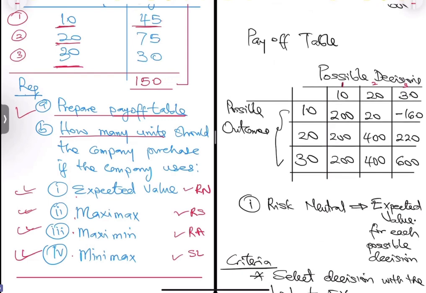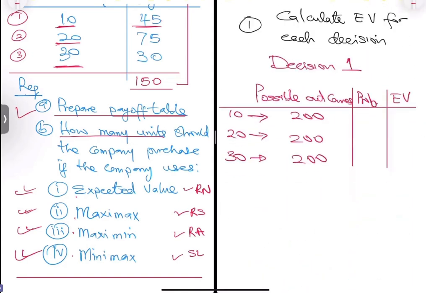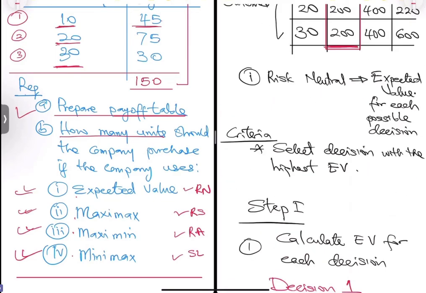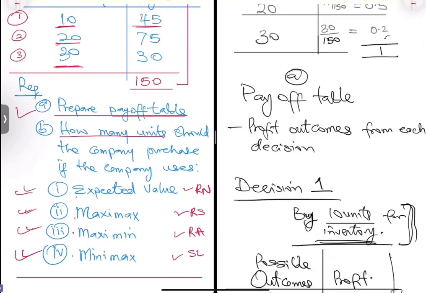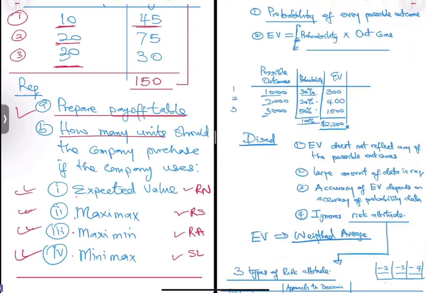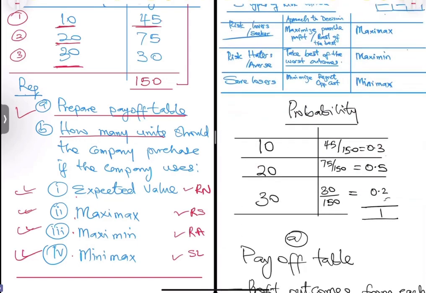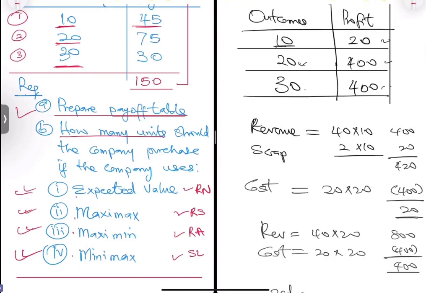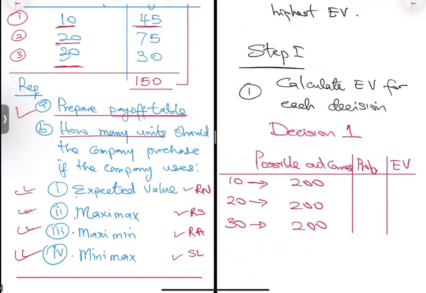If you remember, go to your payoff table, this part. Under those 3 different possible outcomes the figure is the same. And we know the probability: 0.3, 0.5, and 0.2. Everything equals 1, which is what we expect.